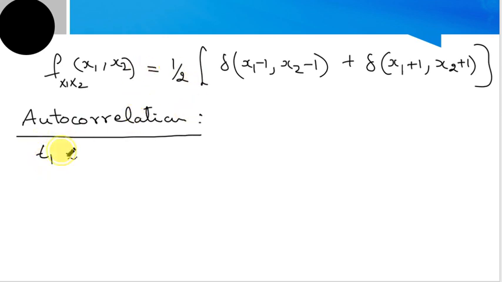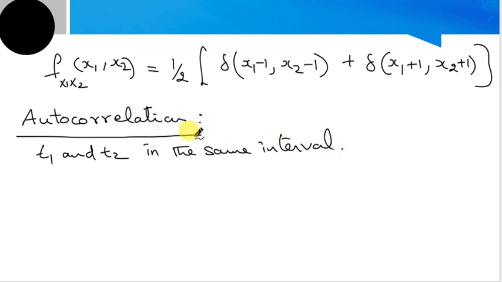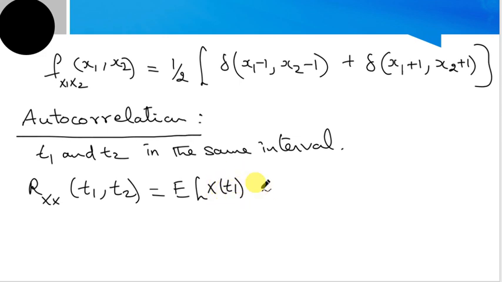So first let me take T1 and T2 in the same time interval. Then what happens? I have to write autocorrelation Rx of T1 comma T2. This is nothing but expectation of x of T1 into x of T2.